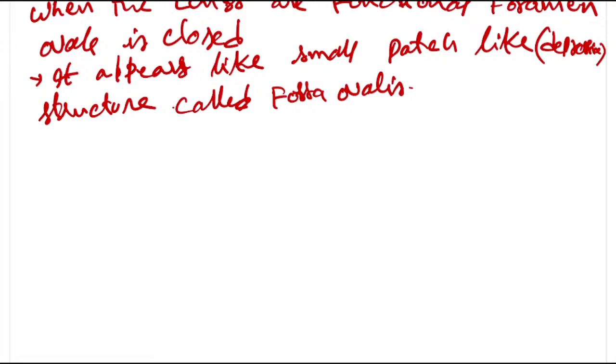The small pore-like structure is the foramen ovale, which is closed when the lungs are functional.